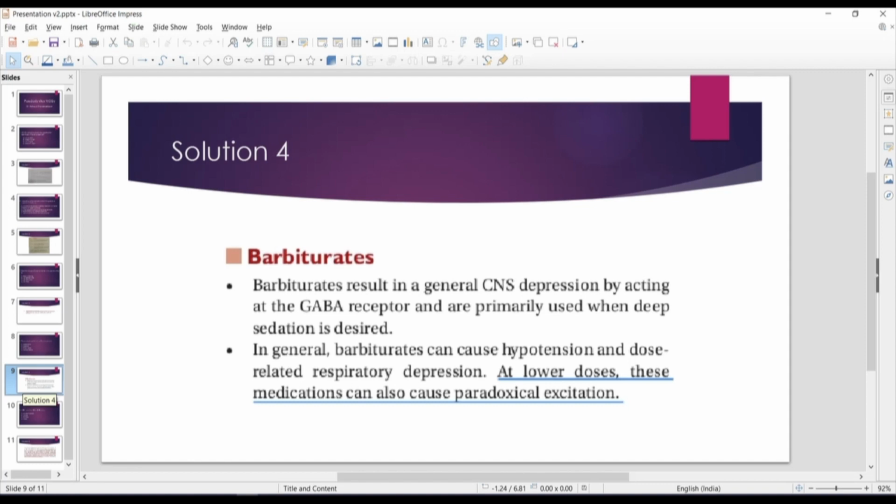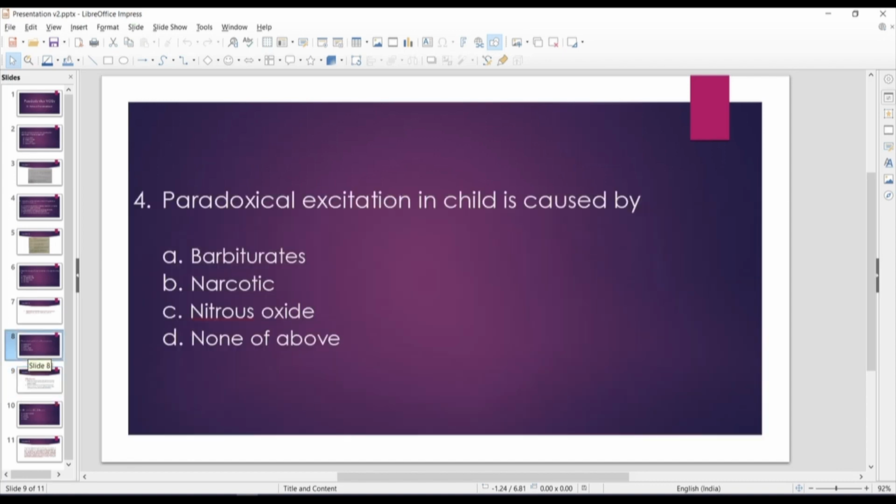So note the point: nitrous oxide causes diffusion hypoxia when sedation is reversed at the end of the procedure. The other type, called dissociative anesthesia, is caused by ketamine.